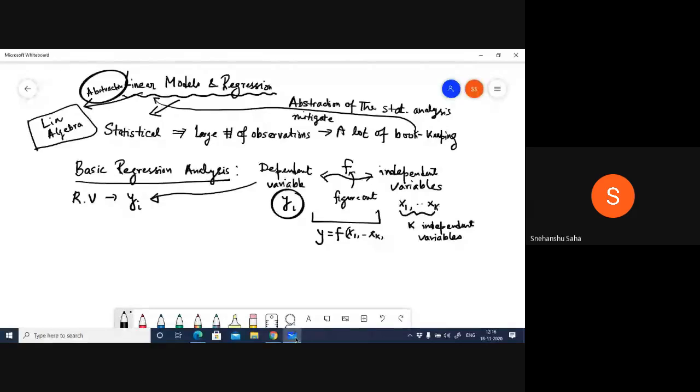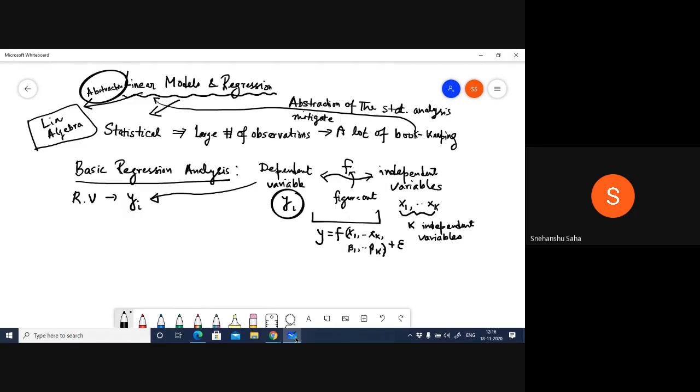If it's a linear model, it means a straight line, so each one of these will be accompanied by some coefficients. Let me write those coefficients here as well, plus some term. Now let's assume that we know this f, or we can assume this f, or we can guess.